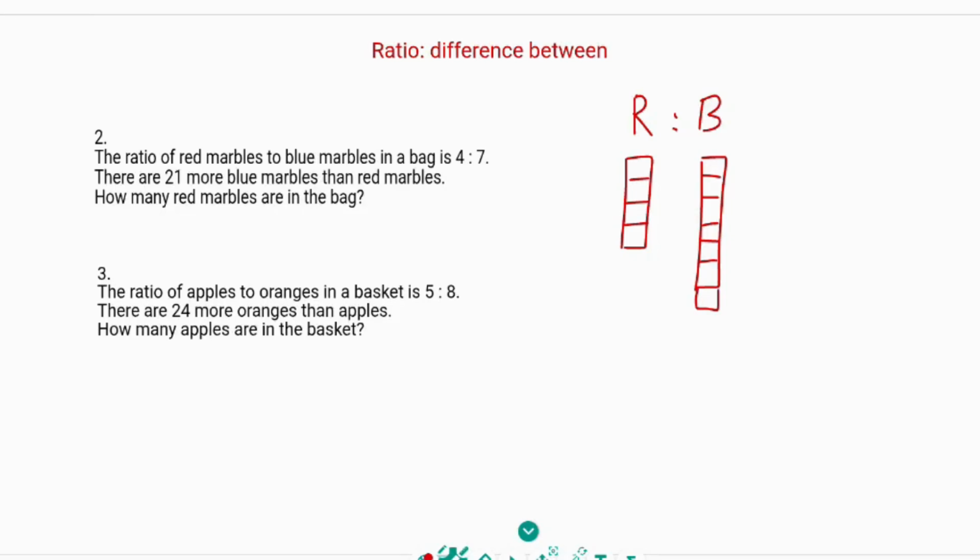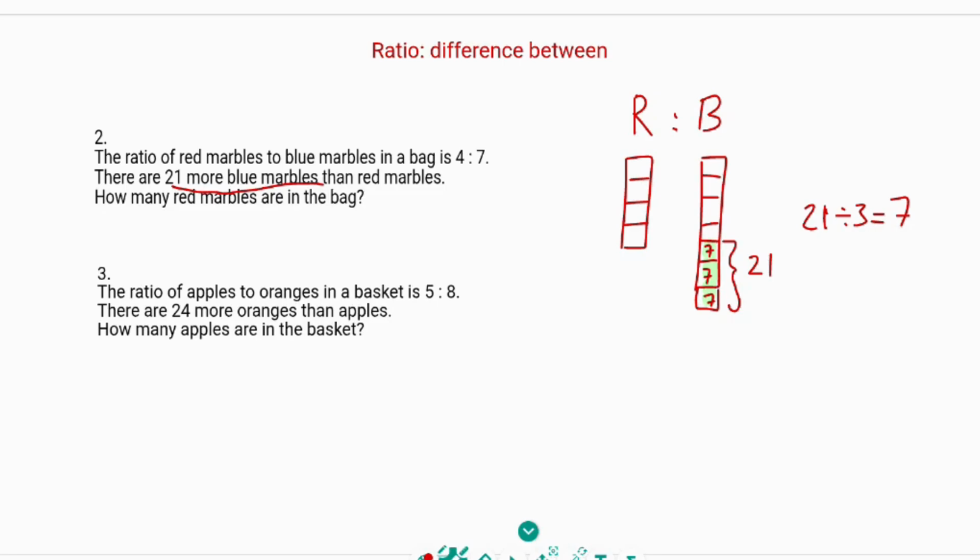We've got 20 more blue marbles than red marbles. How many more boxes do we have? Got 3 more boxes. 21 here then. 21 divided by 3 is 7.